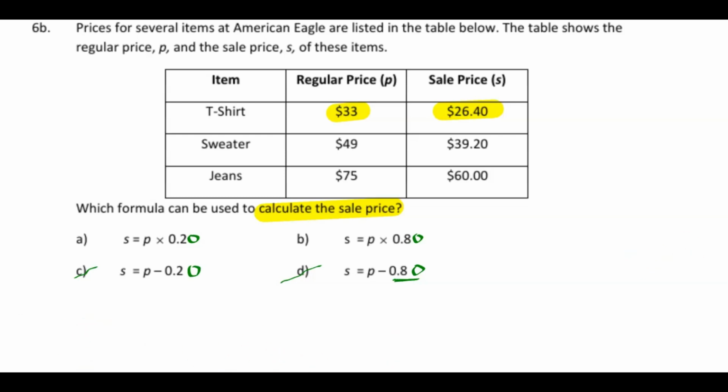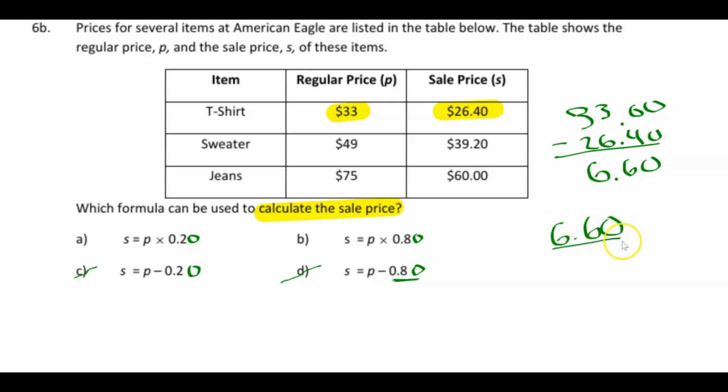So let's check with that 33 and that 26.40. When I find the difference between the both of them, 33 minus 26.40 ends up giving us a difference of $6.60. That right there is going to be the discount. Now if we want to find our discount percentage, we take that 6.60 and divide by the original price.